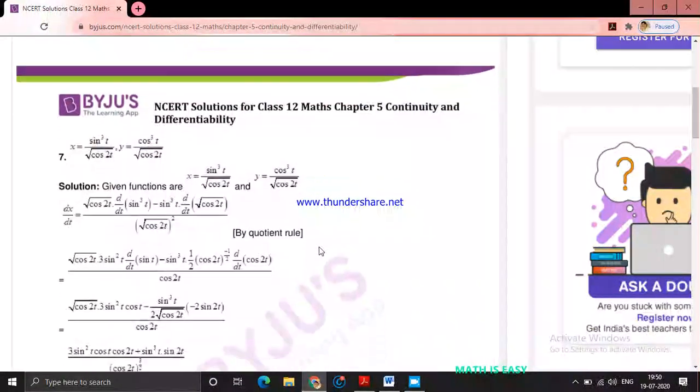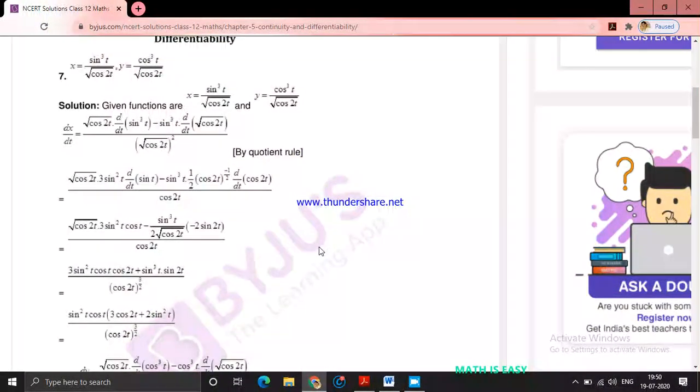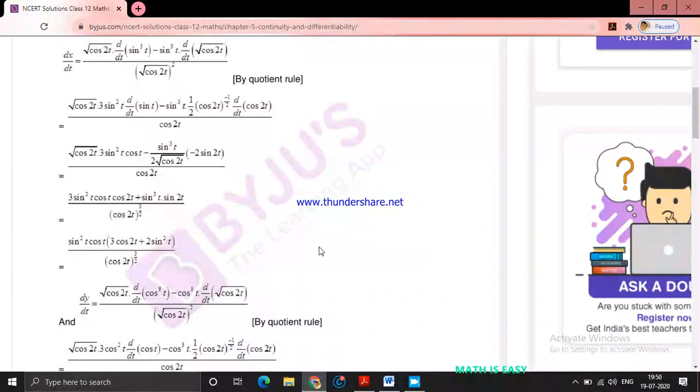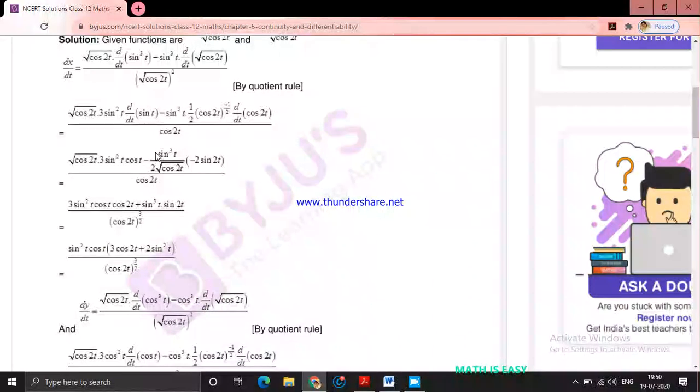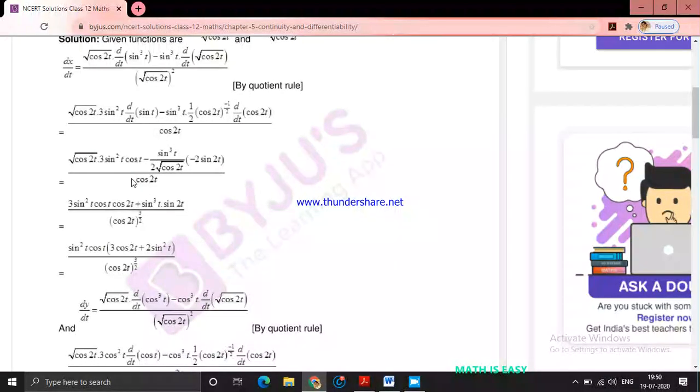Just let me check dx by d theta, where we have made the mistake, if any. This angle 60 cos t.